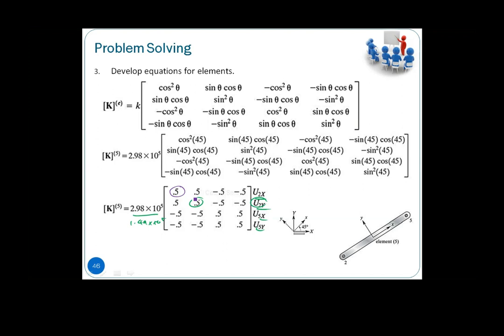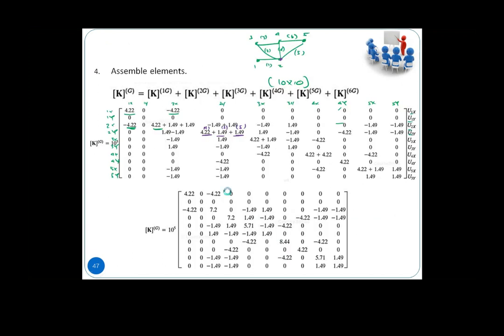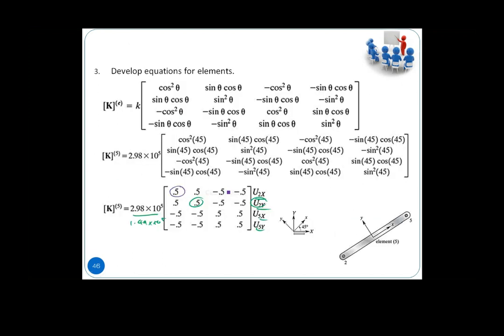All right, then we also have another u2x at here. So if you look into this, all are positive at here, 2x and 2y all are positive.